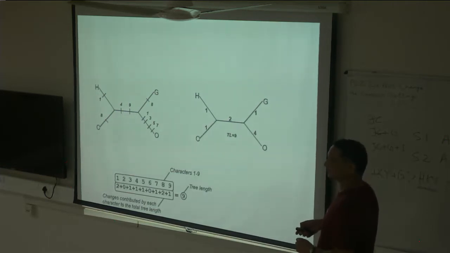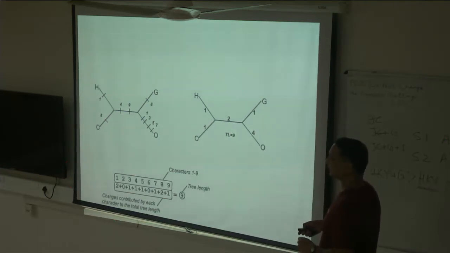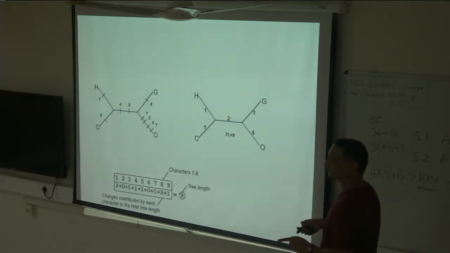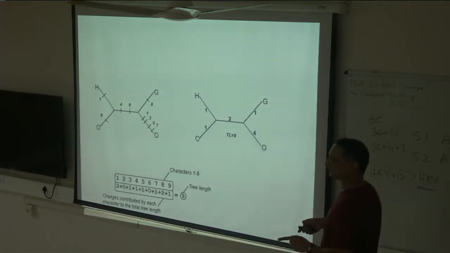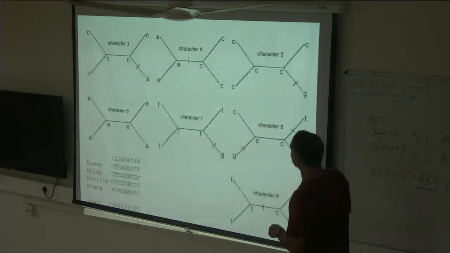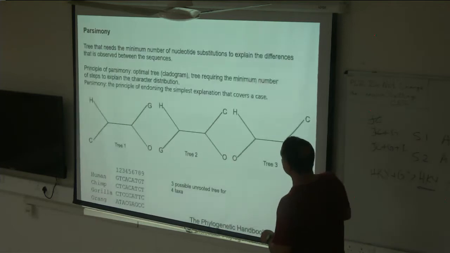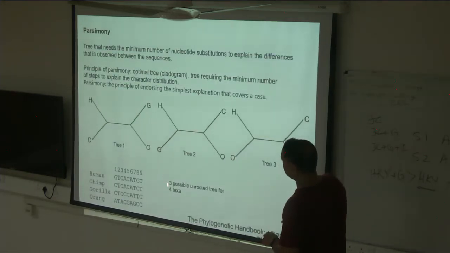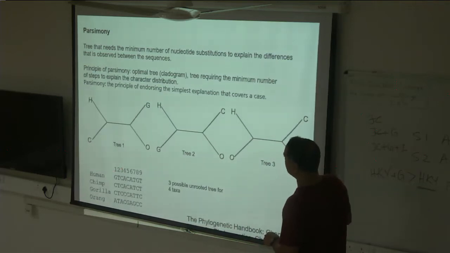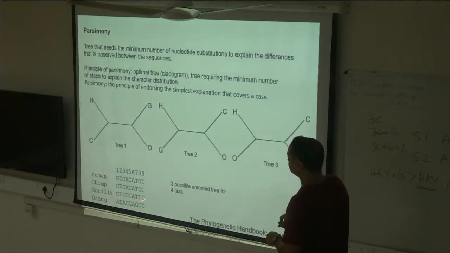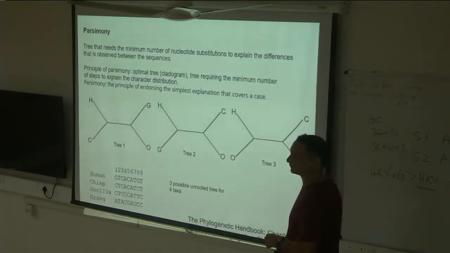Now, why don't you calculate for tree number 2? Right now. Okay, so let me show you tree number 2. There's tree number 2. And there is the alignment.